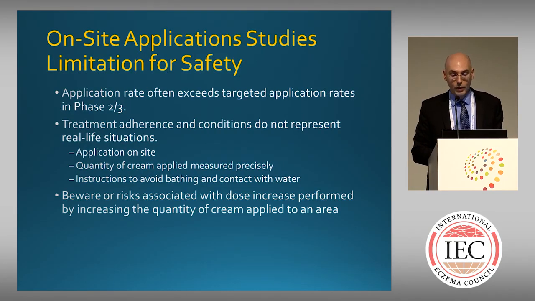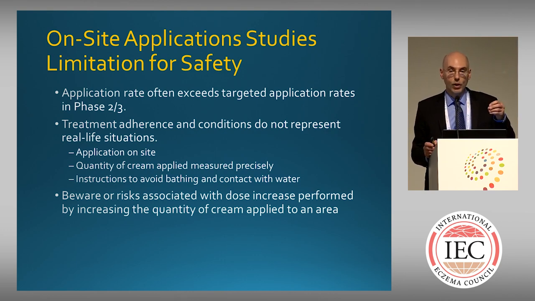Good. Something else I want to bring to your attention is that you need to be careful when you conduct those studies, if you have a dose ascending strategy where you increase your dose by increasing the amount of product you apply on the skin.